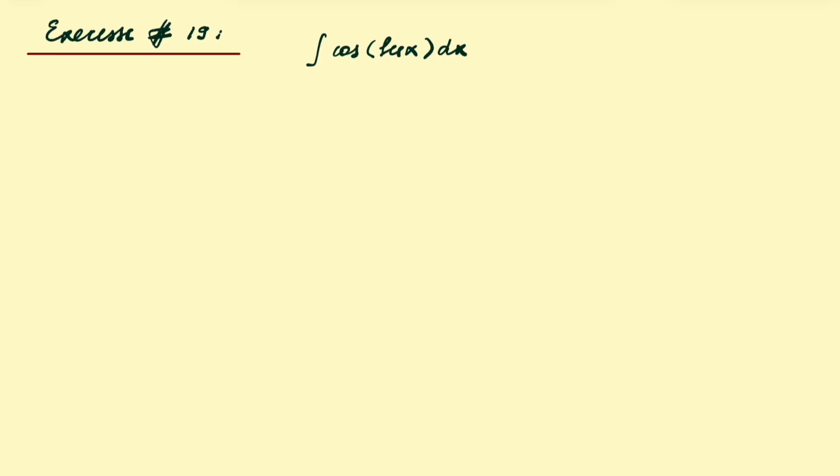Today we have an integral of cosine of ln of x dx. When I was solving this integral, I was trying to apply the substitution method. I thought we can use u, say, or some y as ln of x, then dy would be 1 over x times dx, right?